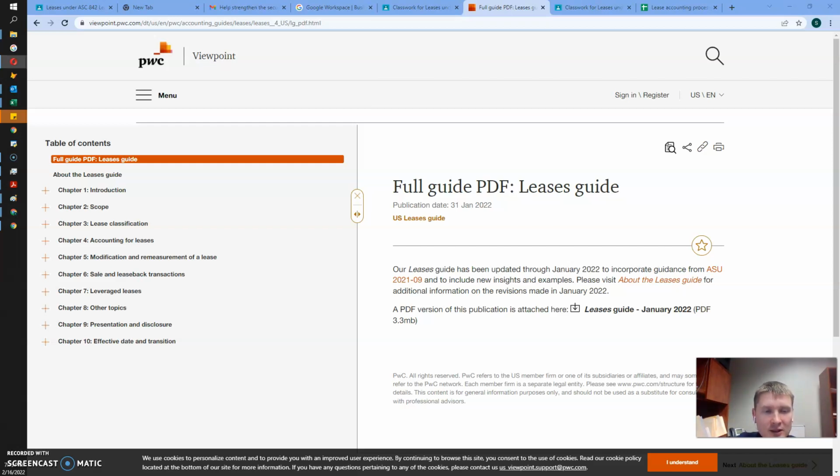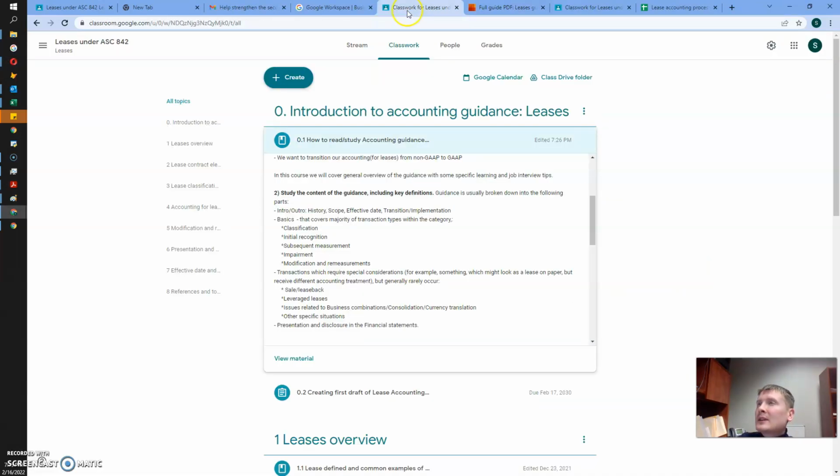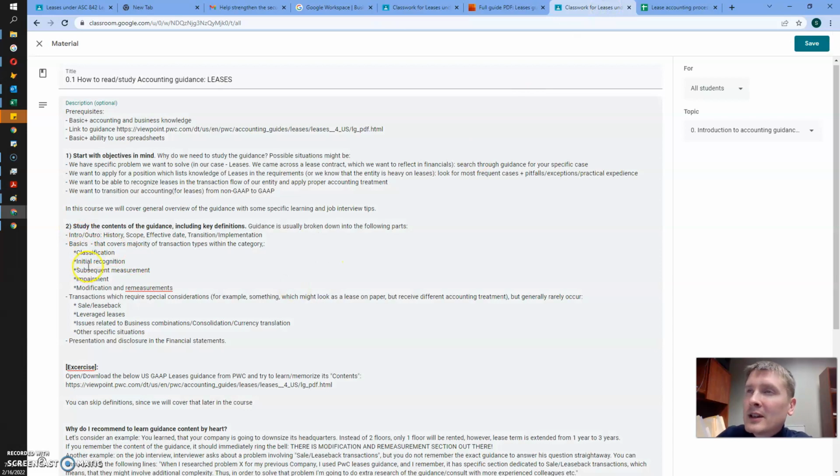So we have an introduction or conclusion section, which should cover history, scope, effective date, transition, implementation requirements, that kind of references. Let's go back to my document. We have it here, intro, outro, and that will reference mostly these transition requirements.